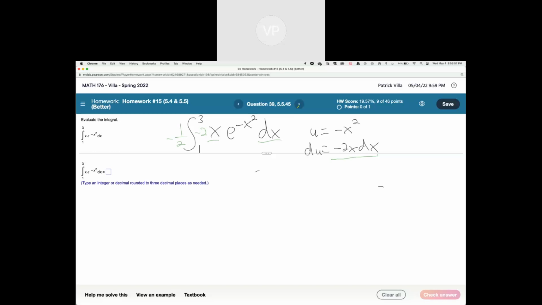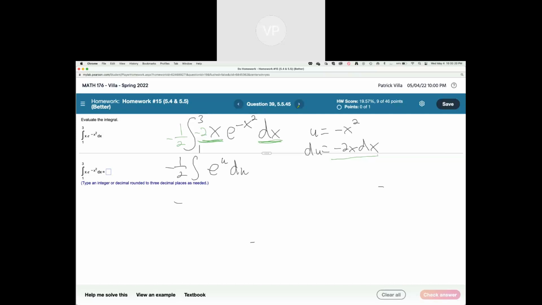So now I have everything I need for the du. When I substitute now, we get negative 1/2 integral of e to the u du. So once again, take a second, look at that, make sure you haven't forgotten how to do the u substitution, and you understand what I did here. That's always the hard part.